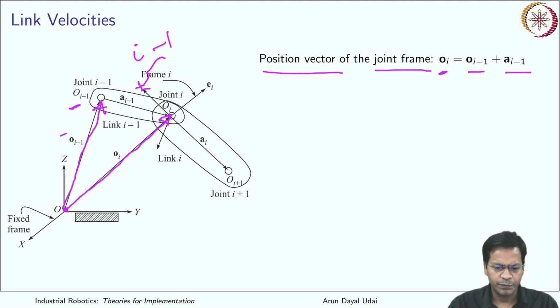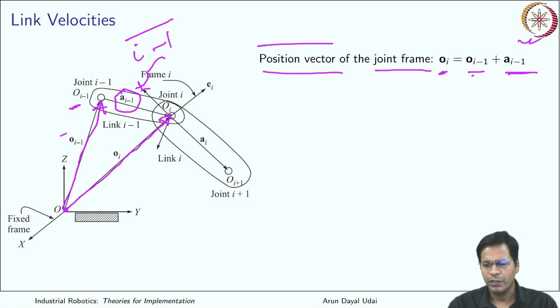So it is vector Oi-1, and this is your link length vector for the i minus 1th link. Okay, so that is what is written using this vector triangle like this. So Oi is equal to Oi-1 plus Ai-1. Okay, so this is your position vector for the ith frame.